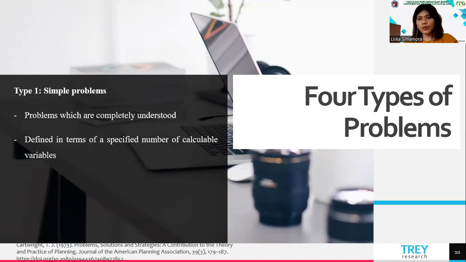If we say two or more, we are not sure whether it is three, four, or five, because five is also more than two, three is also more than two. So we just say this problem is driven by two variables, and we can present those two variables, and those variables are calculable. I think you will understand it when we make it into an example later. But let me complete the types first.